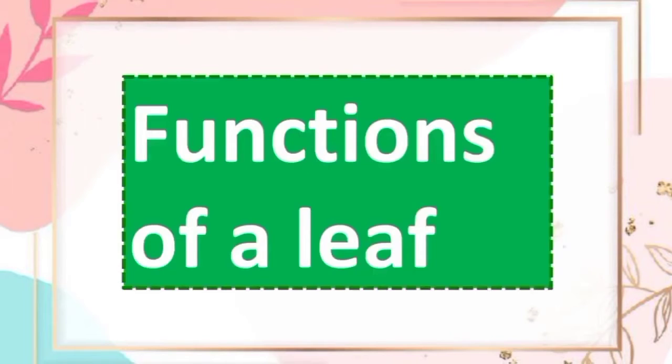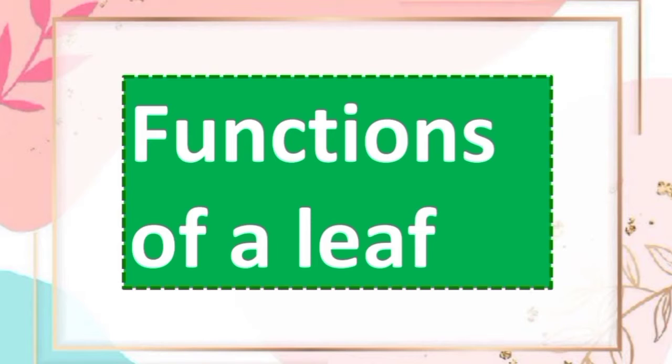A leaf performs different functions, like it helps the plant to make its own food. So children, chlorophyll is very important. Chlorophyll doesn't only give green color to the plants, but it helps the plants to make their own food, right?